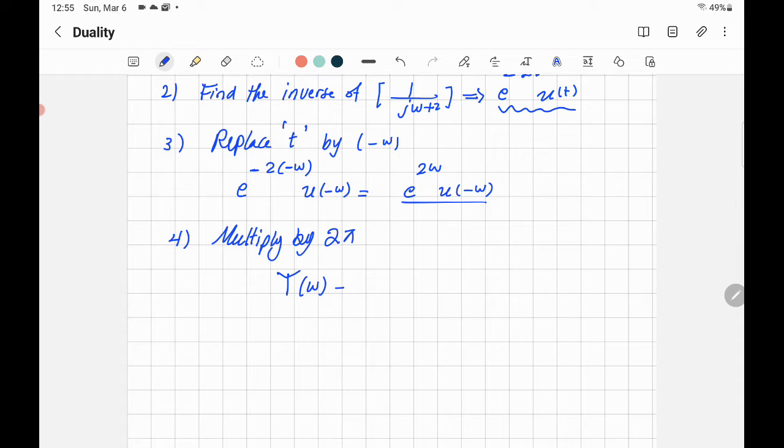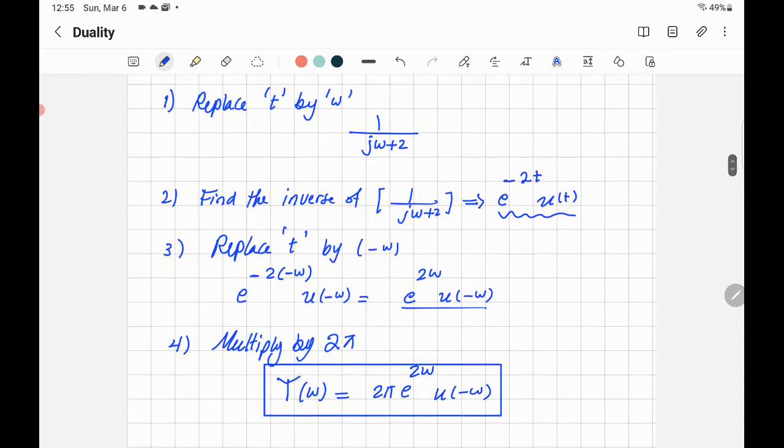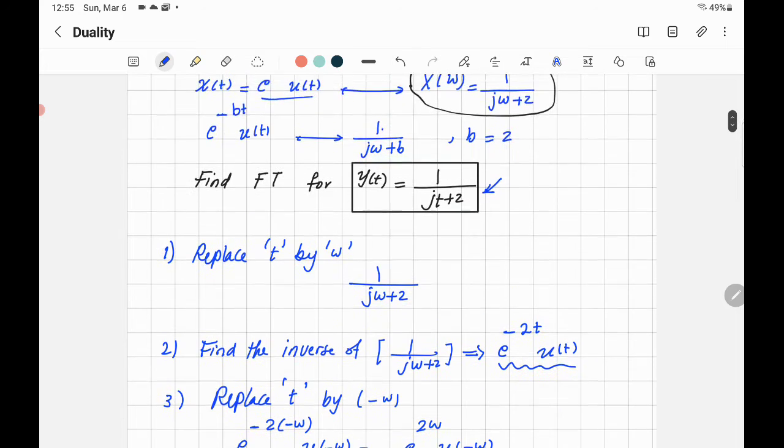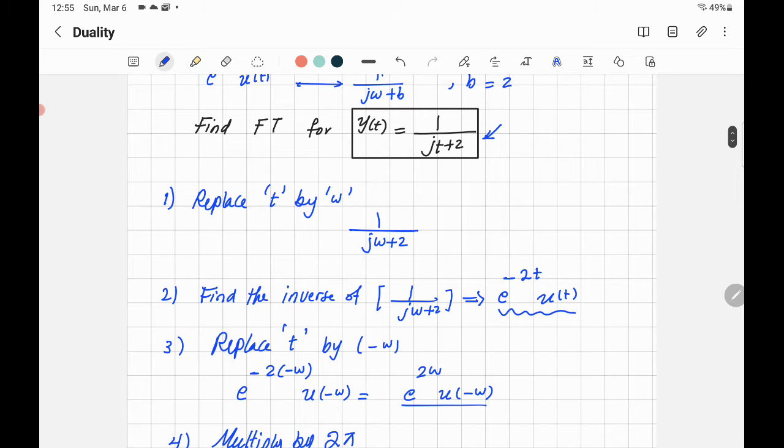That will be the Fourier transform of the function given: 2 pi e to the power of 2 omega u of negative omega. Observe this is all a function of omega, it's a Fourier transform. So that's simple, so let's just make it short. When you want to find the Fourier transform of a signal in the time domain which looks like the Fourier transform of another signal, you follow these steps.